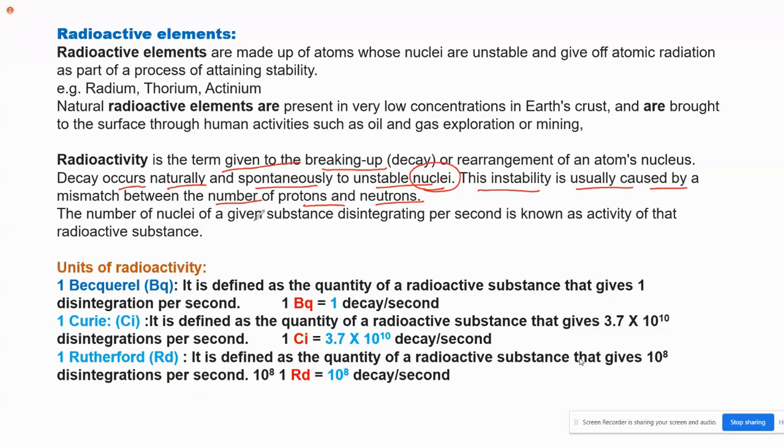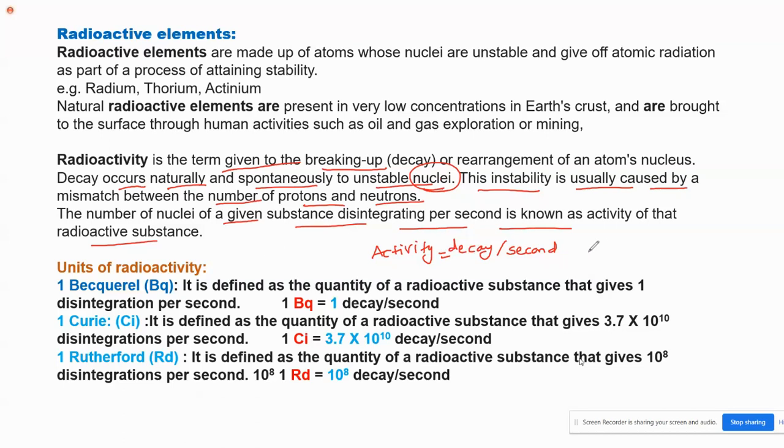The number of nuclei of a given substance disintegrating per second is known as the activity of that radioactive substance. It means decay per second. The number of nuclei decaying or disintegrating per second is known as the activity of that radioactive substance. So radioactivity is nothing but decay per second.